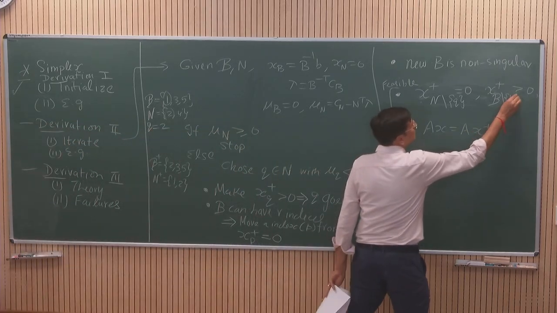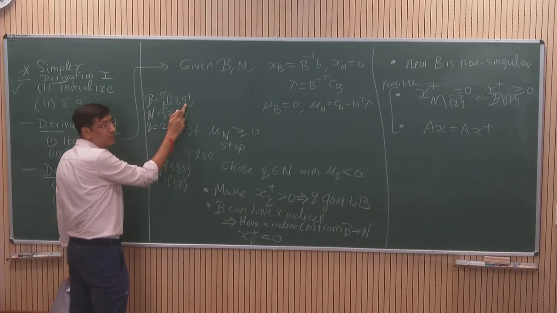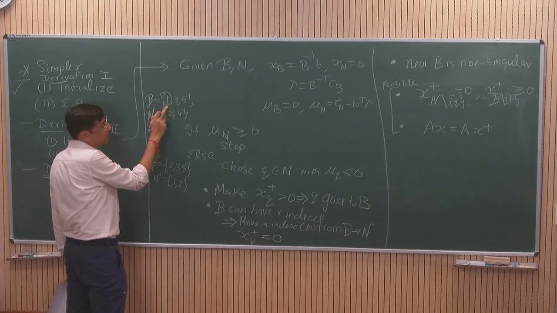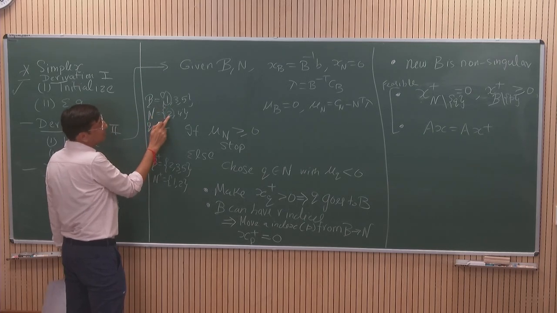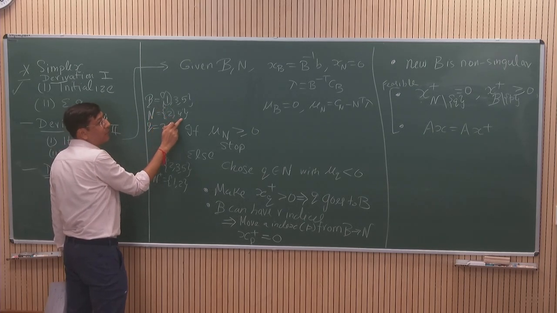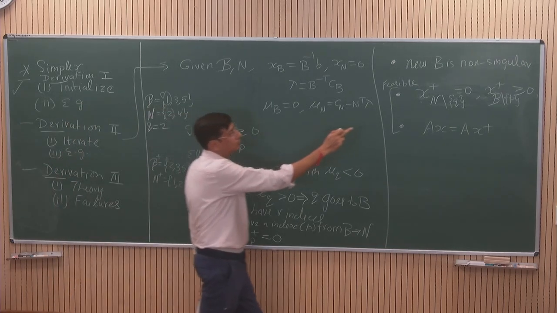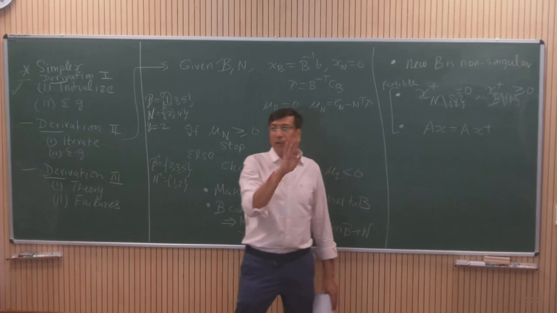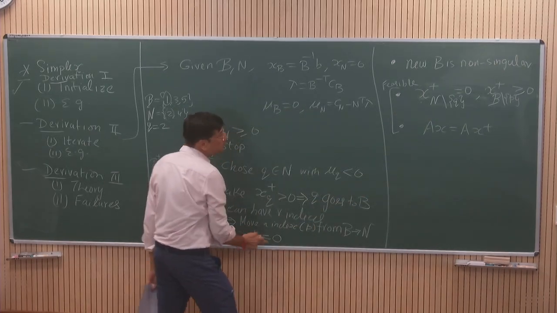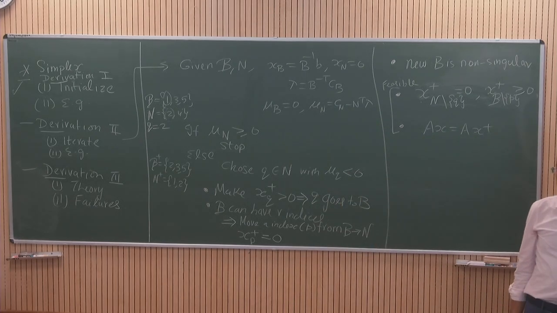So the remaining two components, x3 plus and x5 plus, should remain greater than or equal to 0 because you're making x1 plus equal to 0. Similarly, you're making x2 plus greater than 0, which means that x4 plus should remain equal to 0. That would ensure that this along with this and this will ensure that x plus is greater than or equal to 0. Yes or no?